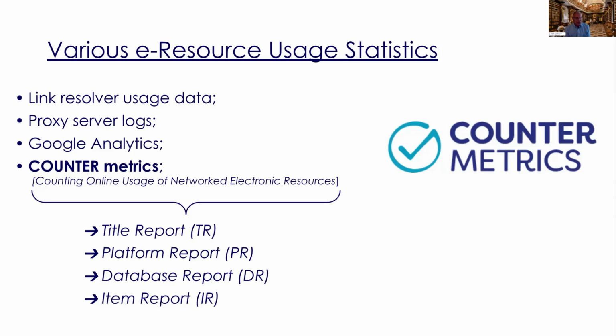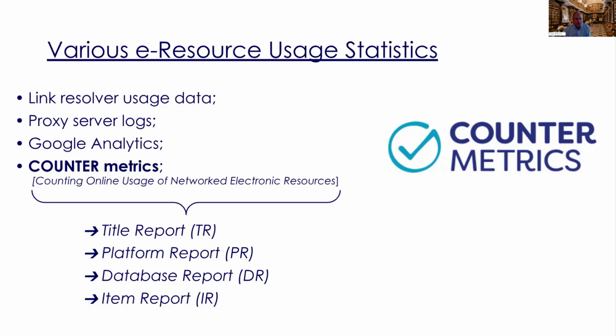So in essence, with COUNTER metrics, we've had some legacy things with COUNTER 4, the TR_J1 and the TR_B1. Those are the nomenclature that was used with COUNTER 4.